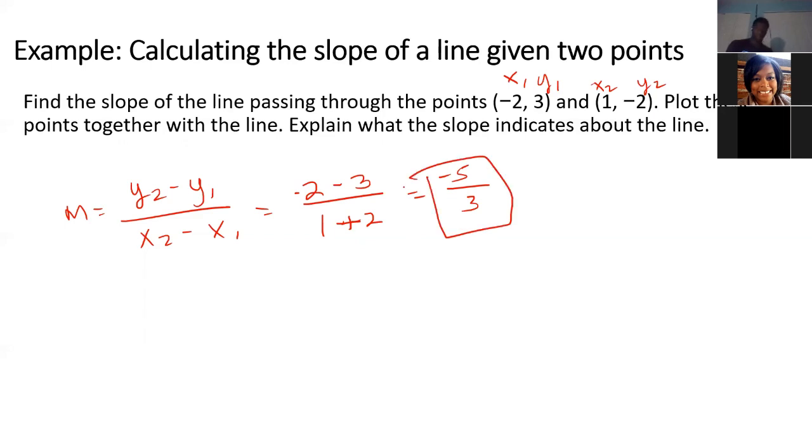So because I have a negative 5/3, what does that tell me about my line? Chime in either through chat or verbally tell me what that means. So if I have a slope of negative 5/3, what does that mean about my line? Anyone?